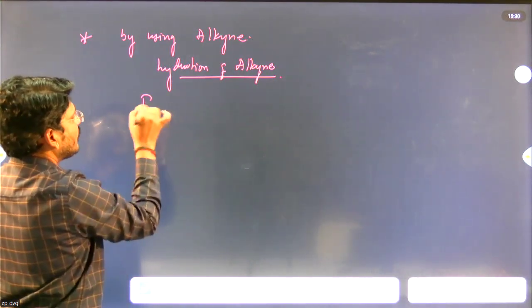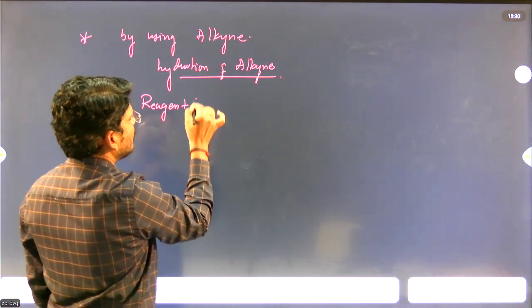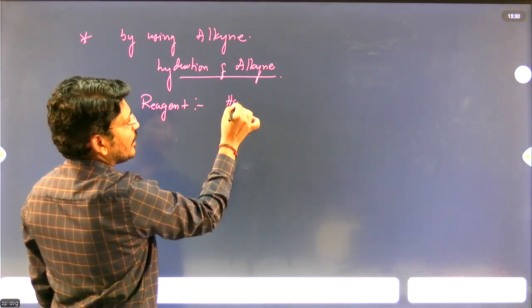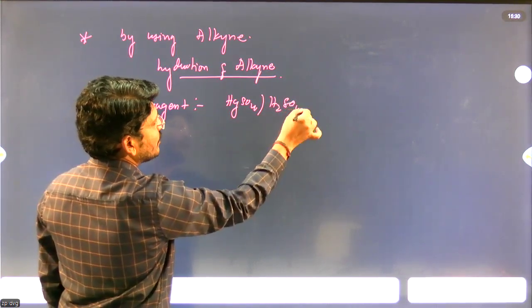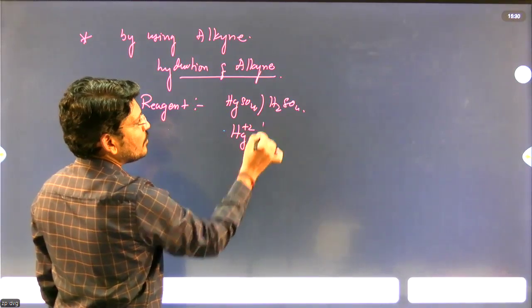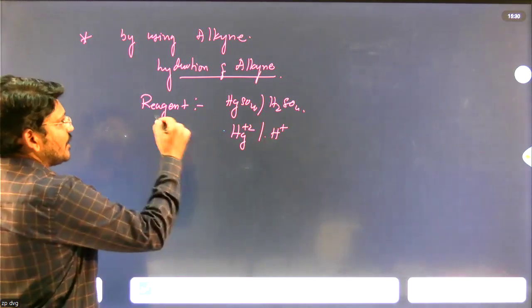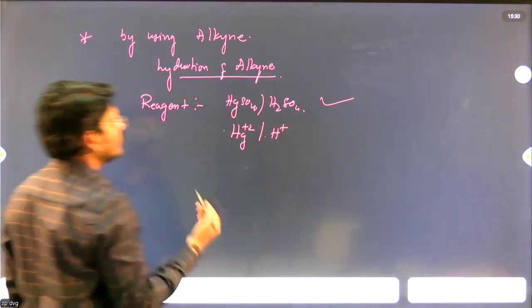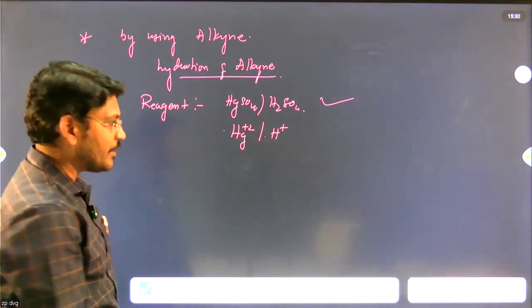The reagent we are going to observe: HgSO4 mercuric sulfate along with dilute H2SO4. Otherwise, this can also be written as Hg2+ as well as H+. This is a very important reagent which can convert alkynes into aldehyde or ketones.